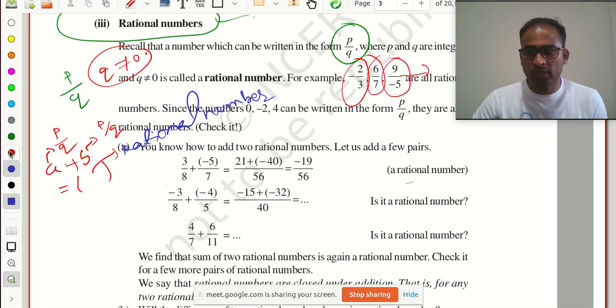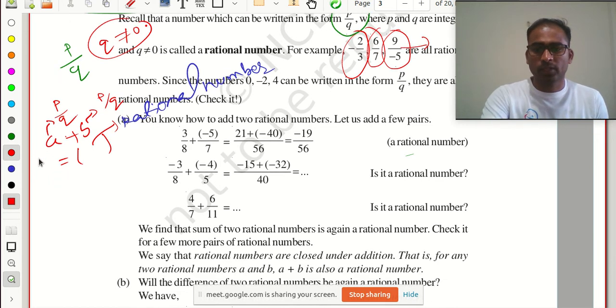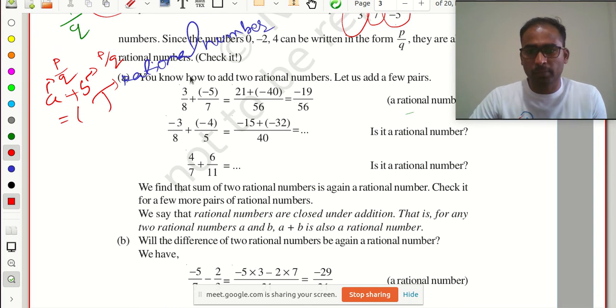Now we will check with the examples. Here in this textbook example, 3 by 8 is one rational number and minus 5 by 7 is another rational number. Now I am adding these two rational numbers: 3 by 8 plus minus 5 by 7. How much will we get here?